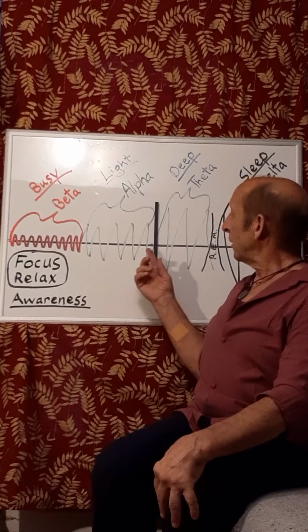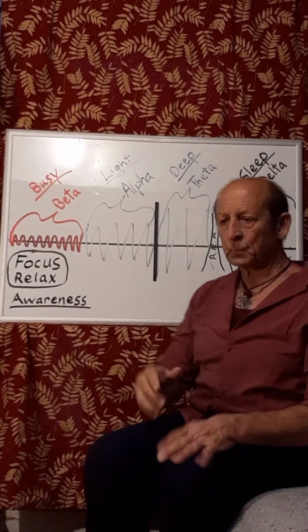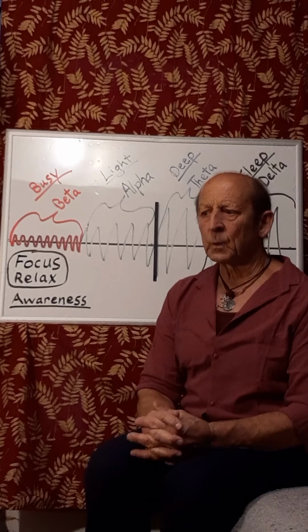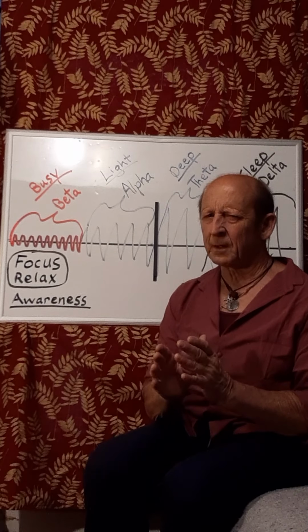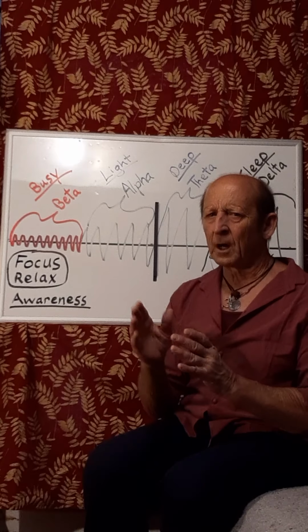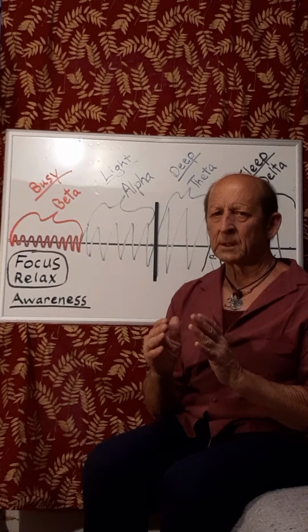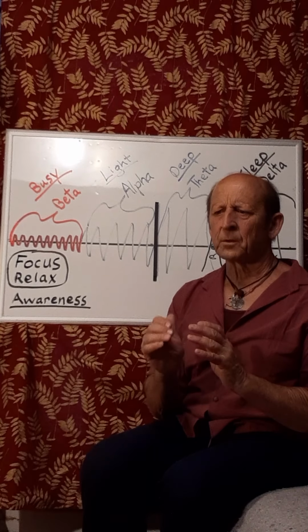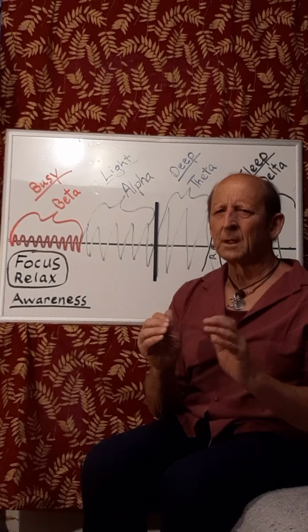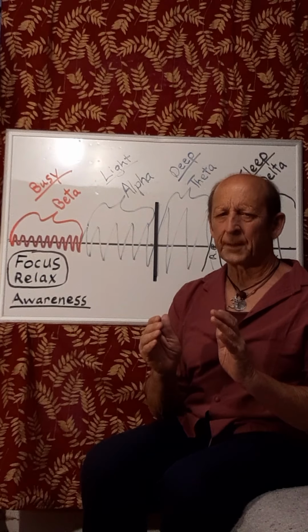Now, when we cross this threshold into the deeper states of meditation, you might notice that the breath, if you were controlling it before, all of a sudden will find its own course because the motor sensory is shutting down and you're no longer concerned with controlling the breath.